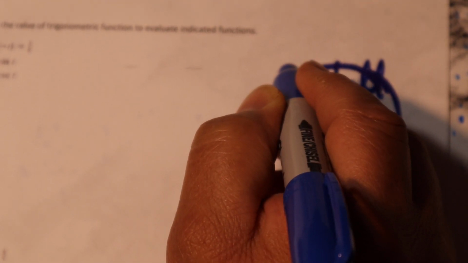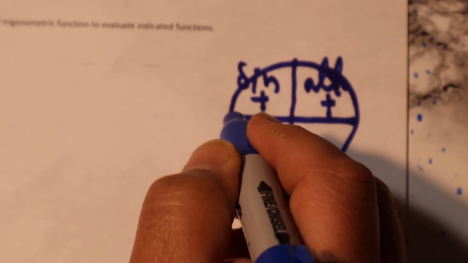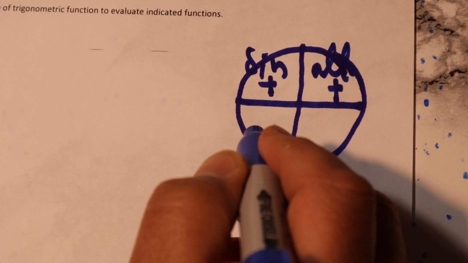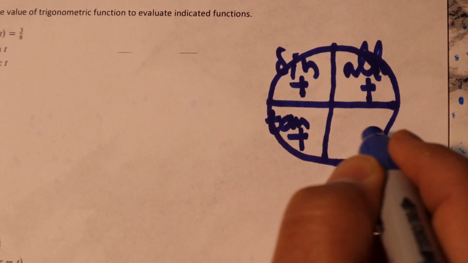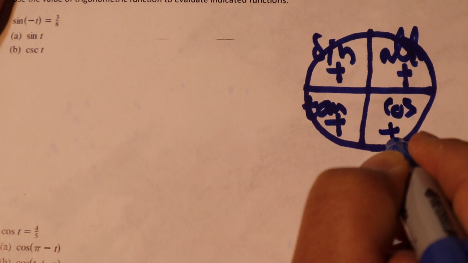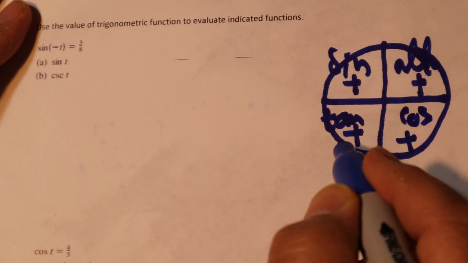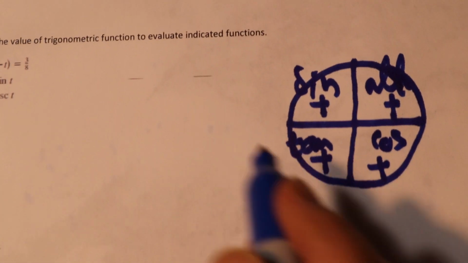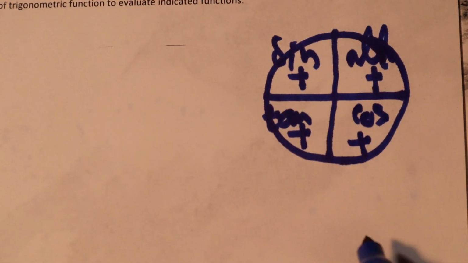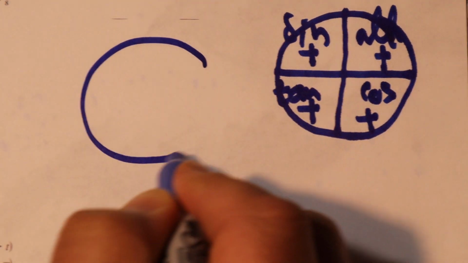In the second quarter, sine only is positive. In the third quarter, tangent is positive, and in the fourth quarter, cosine is positive. I need you to know that: all, sine, tangent, cosine.